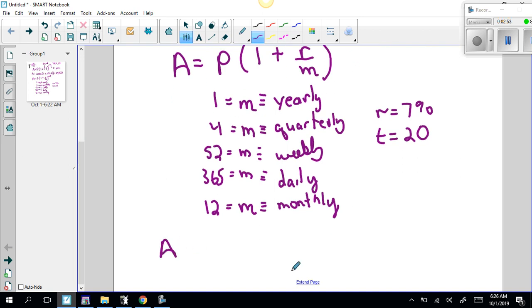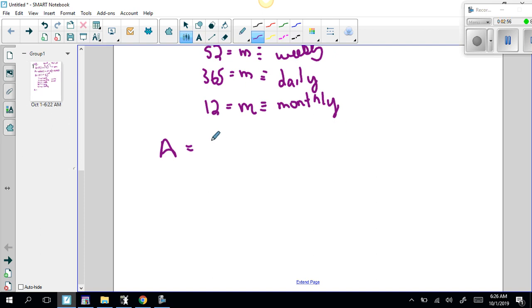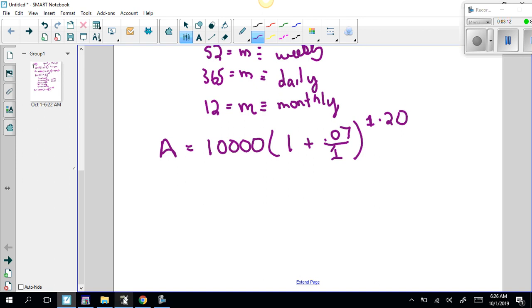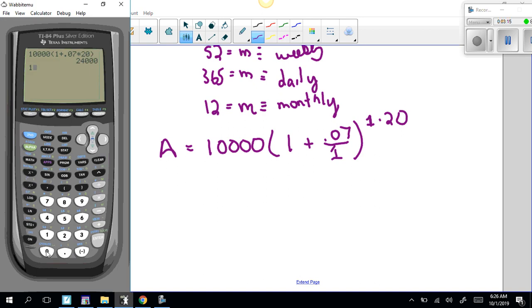So your final amount equals P, $10,000, times 1 plus 0.07 divided by 1, because annually, to the 1 times 20. Get out your calculator, and you go 10,000, 1 plus 0.07 divided by 1, raised to the 20.